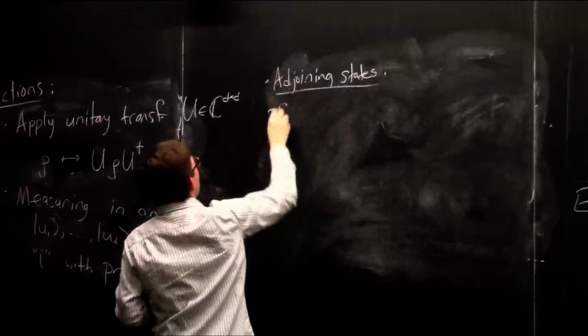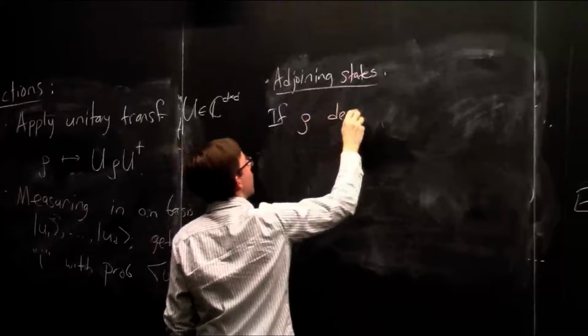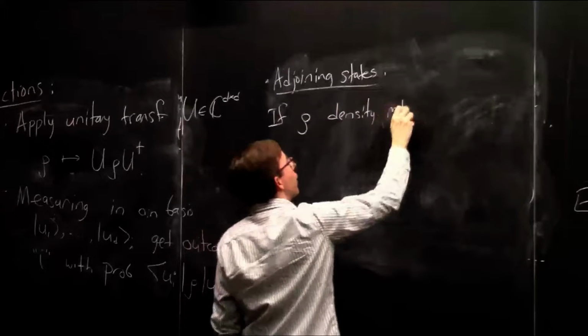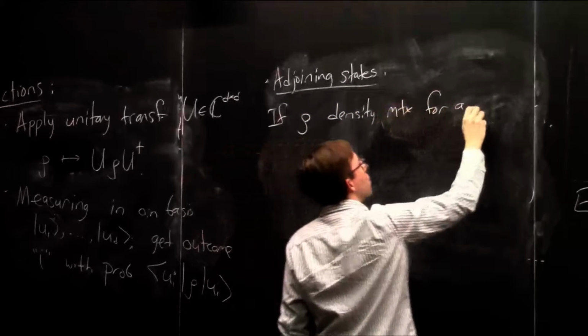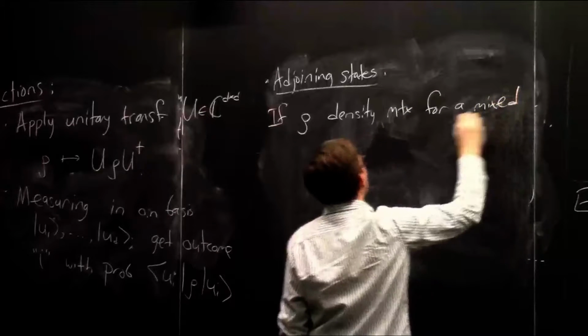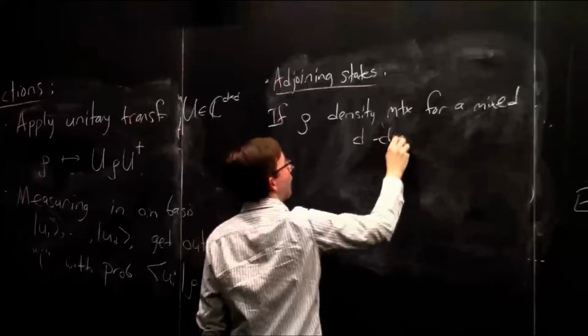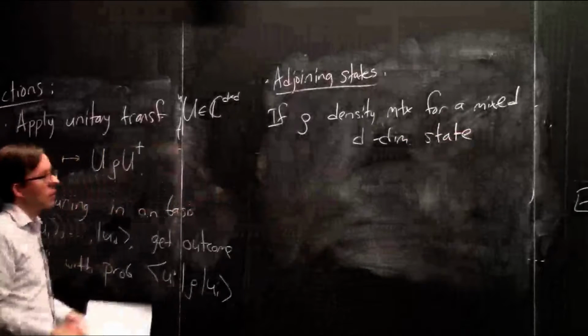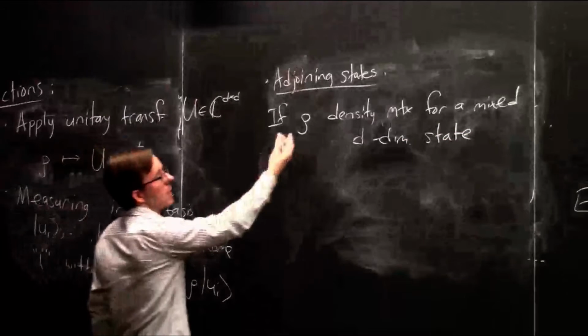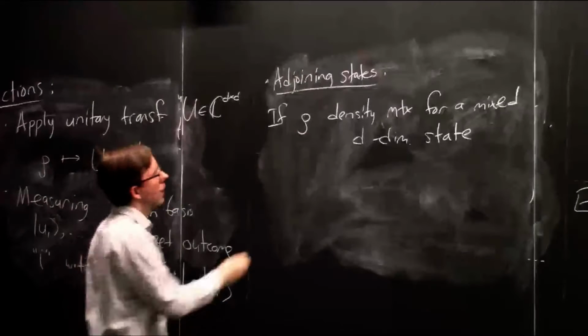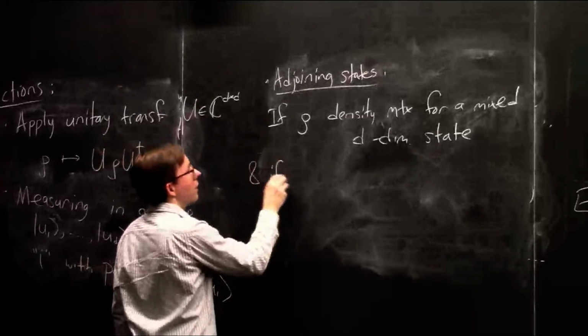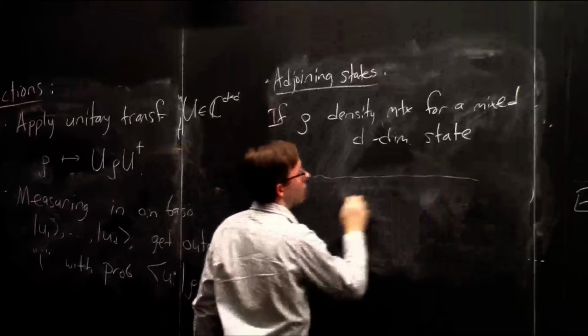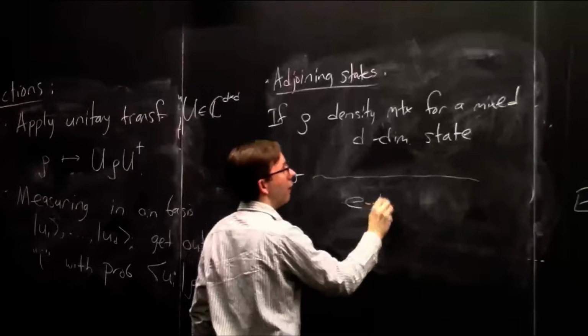So let's say rho is the density matrix for a mixed d-dimensional state. So you have some quantum particle with d levels or d basic states. It has a mixed density matrix rho. And let's say sigma is the density matrix for some e-dimensional state.